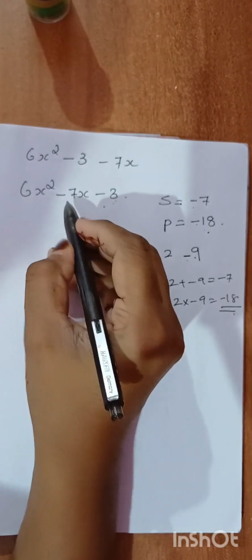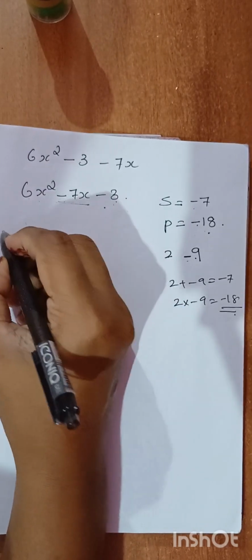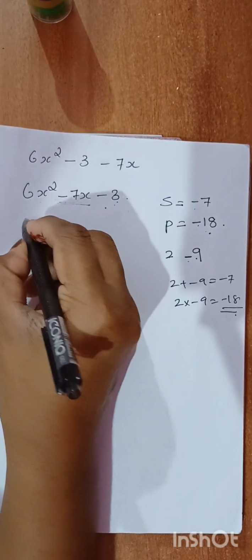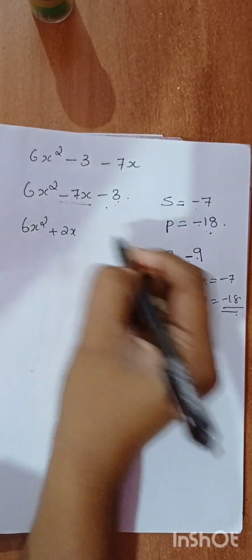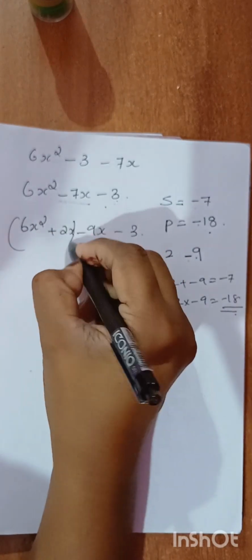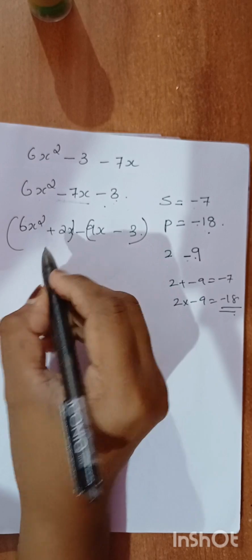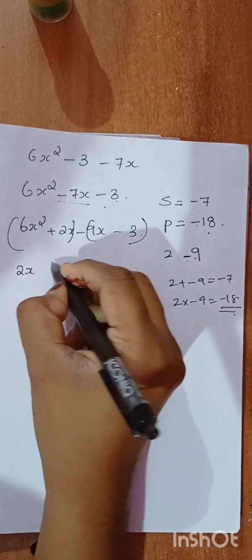Then you have to substitute, in place of minus 7x, and write 6x square plus 2x minus 9x minus 3. Put the brackets and take the common factor outside. 2x is common here.